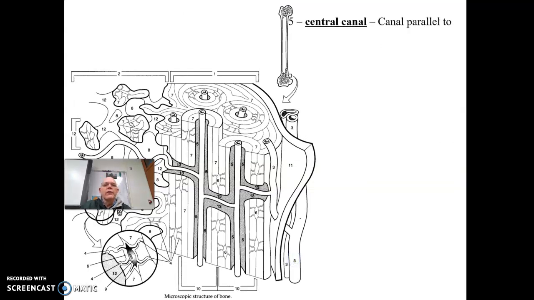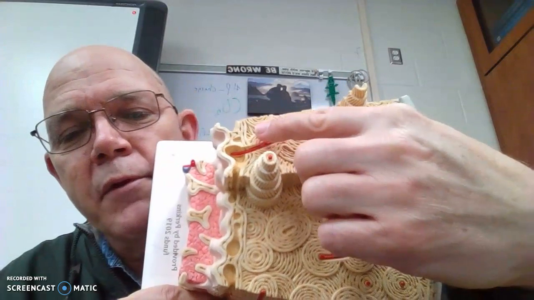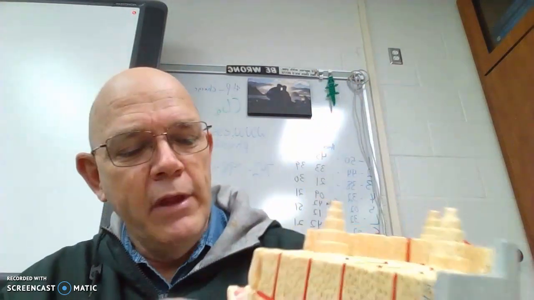Let's see. All right. Next thing is the central canal. In the center of each of these osteons, there is a hole going up and down the length of it. All right. And there is a red dot you see here. That's the central canal. That's where the blood vessel comes up the middle. If you look at the end, you can see that there are ones going up here.